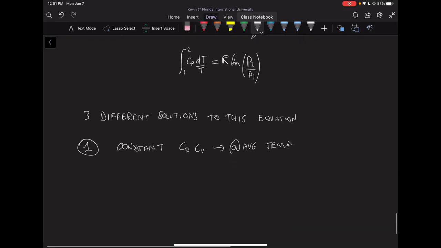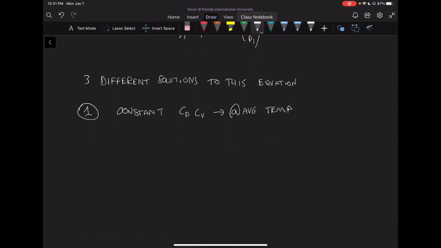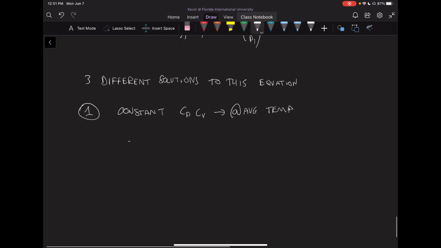So we have S2 minus S1, lowercase, equal to Cp average times ln of T2 over T1 minus R ln of P2 over P1.